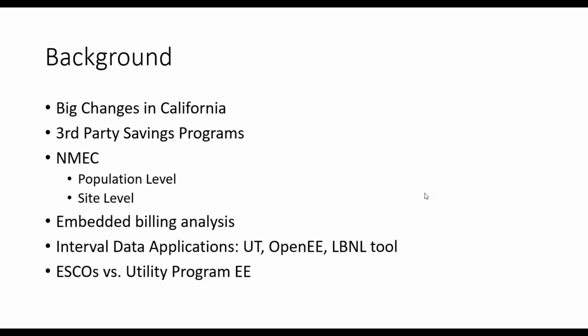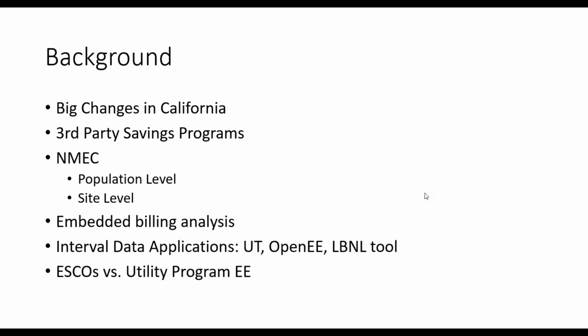So first off, Kevin, whenever necessary, please interject. In California, there are some huge changes going on. But first, before I explain that, I think most of you understand this already: there seem to be different spheres in energy efficiency. One is the ESCO market, and most of you are from the ESCO world.